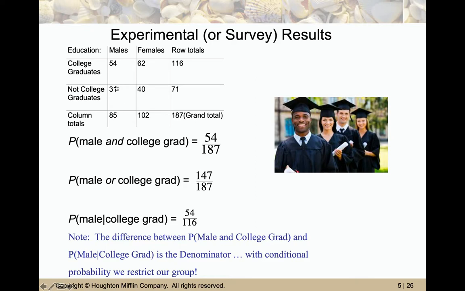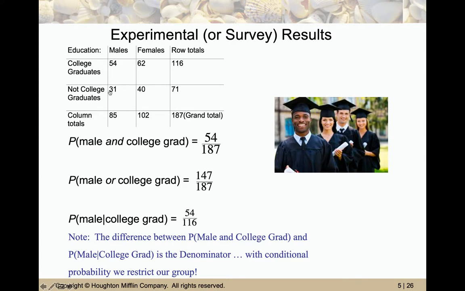Here we have 31 males who are not college graduates, and they add up to be 85 males. We have 62 females who are college graduates and 40 females who are not college graduates, giving us a total of 102 females.